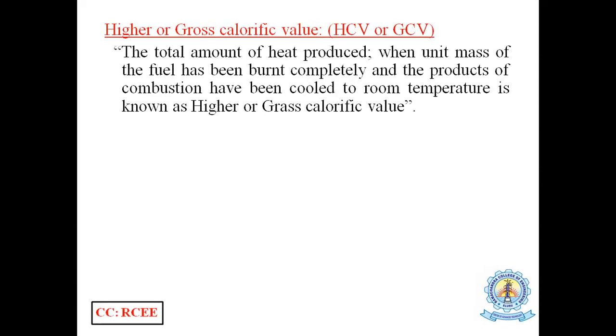So the total amount of heat produced when a unit mass of fuel has been burned completely and the products of the combustion have been cooled down to room temperature is known as higher or gross calorific value.